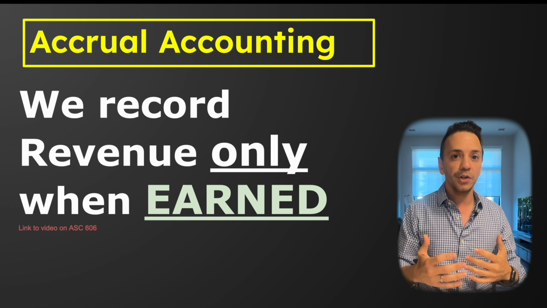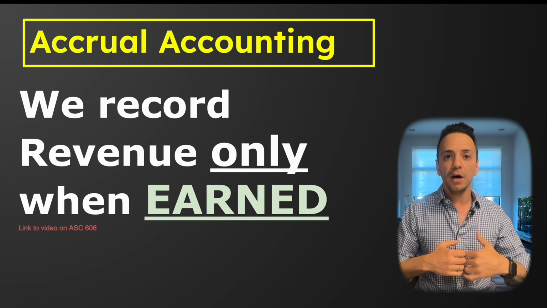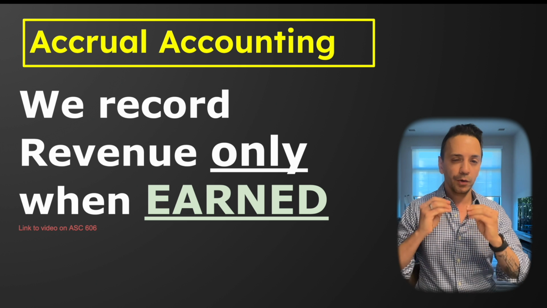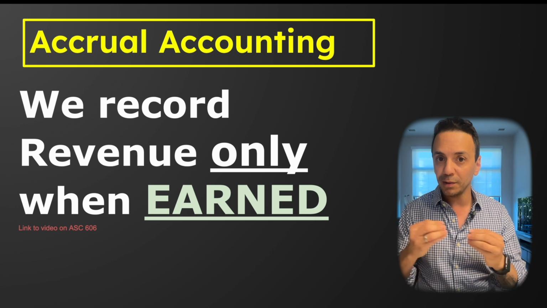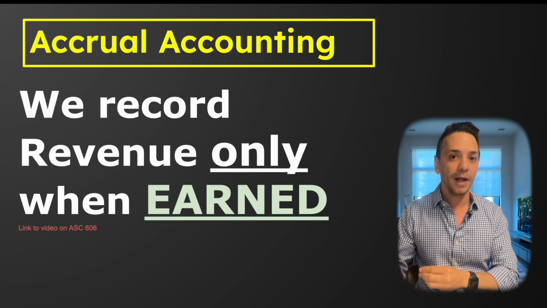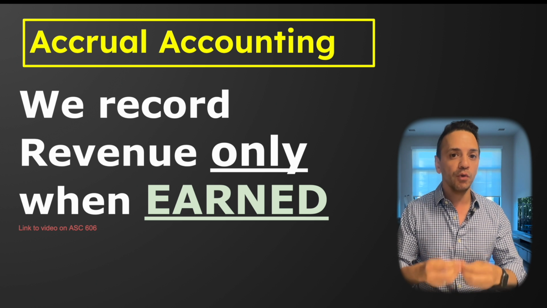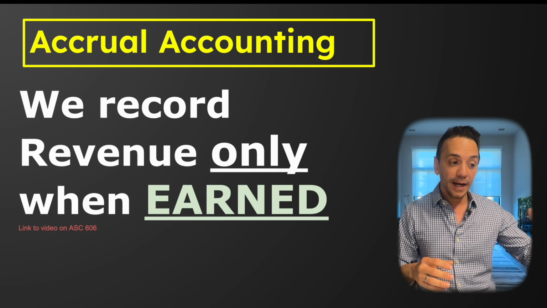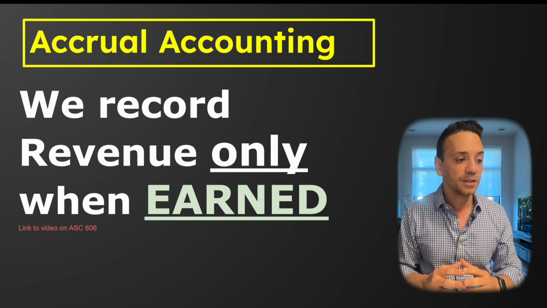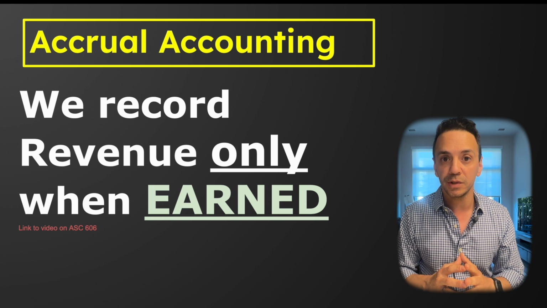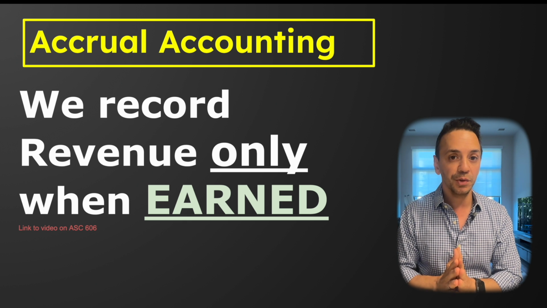We're not really concerned with when the cash is received or when the invoice is issued. We are concerned with the performance obligation that we have to our clients. When that is performed, then we earn the revenue, as we will discuss in a couple of minutes when we go over ASC 606 and the 5 steps to revenue recognition.